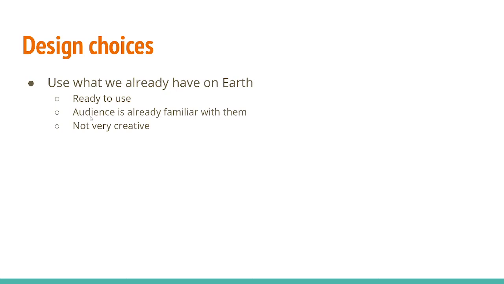The advantage is the audience is already familiar with them, and you don't have to tell an audience what a horse is, for example, as a mount, or what a rabbit is, or how trees work. In turn, this is not very creative, but in certain simple design choices, creativity may not be what we need.